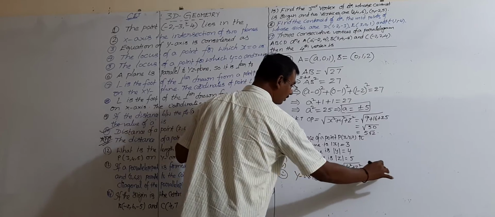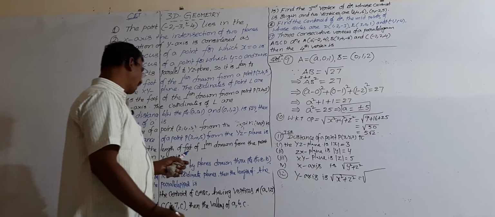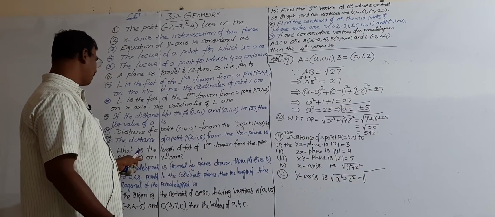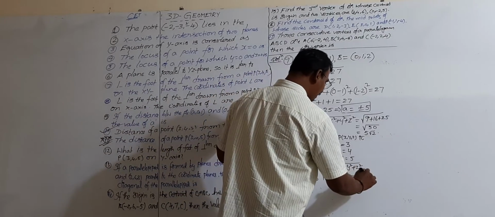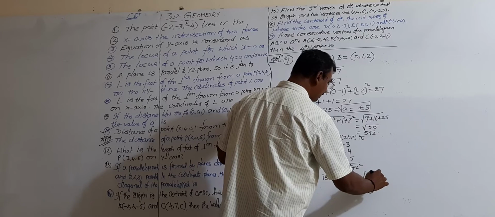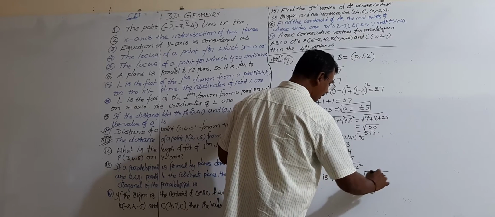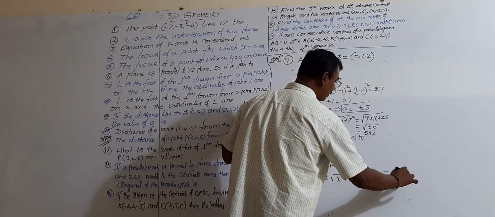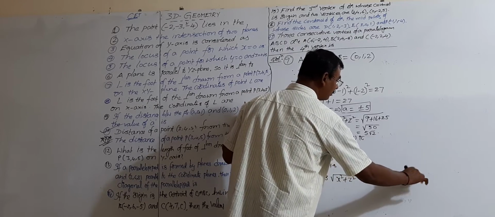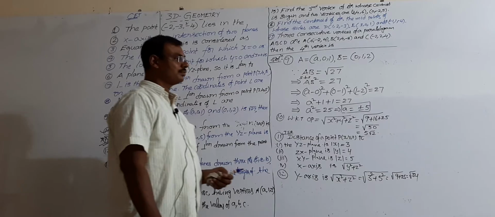What is the x coordinate? 3. What is the z coordinate? 5. So square root of 3 square plus 5 square, equal to square root of 9 plus 25, that is equal to square root of 34.